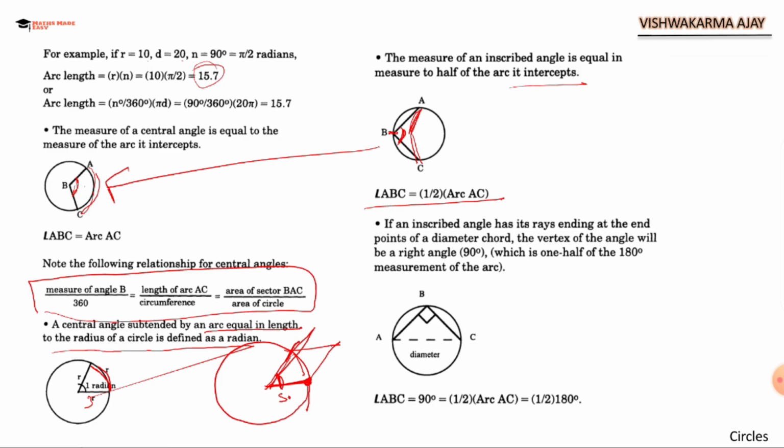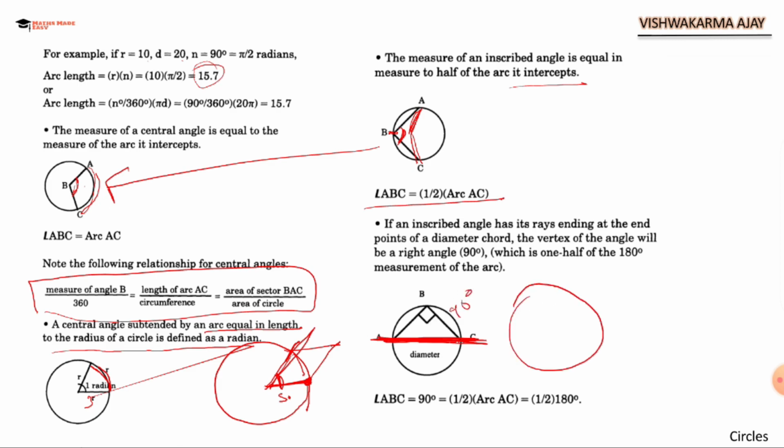Here is the relation. Let's say this is an inscribed angle. Whenever you draw an inscribed angle whose legs start from the endpoints of the diameter, it will always be 90 degrees.